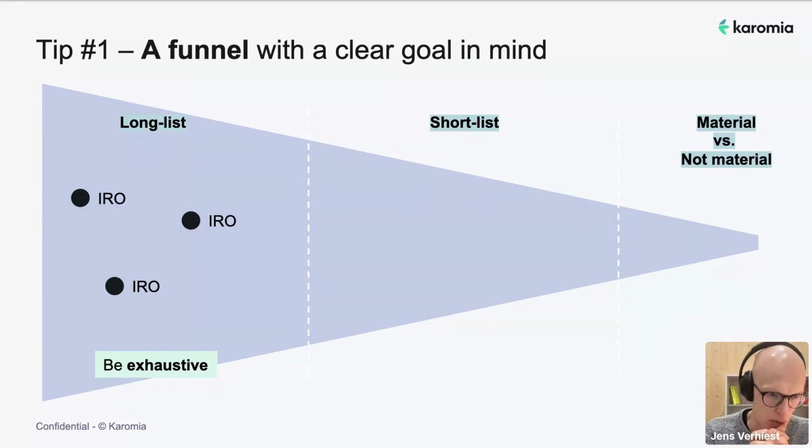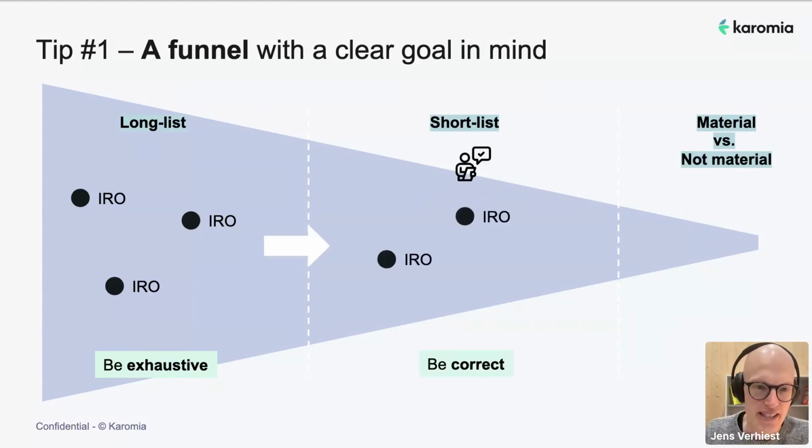And so what you'll do at the beginning of the funnel is you're gonna feed in as many IROs as you can possibly imagine. So at the beginning of the funnel, it's important to be exhaustive, to not exclude anything, to just be exhaustive in identifying and pushing IROs through your funnel.